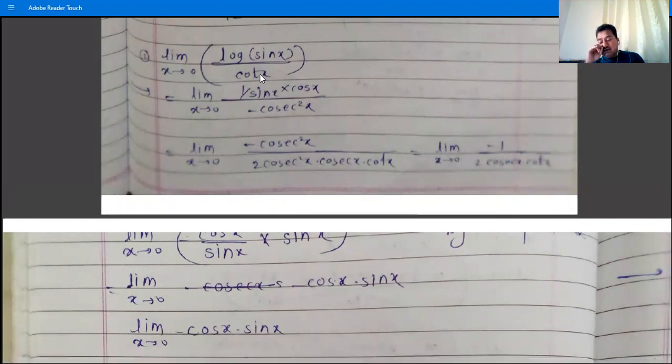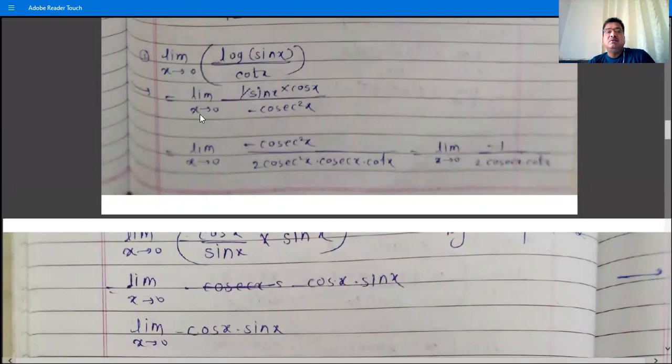So log 0 is infinity, and we have the infinity by infinity form. So next step, apply L'Hospital rule.